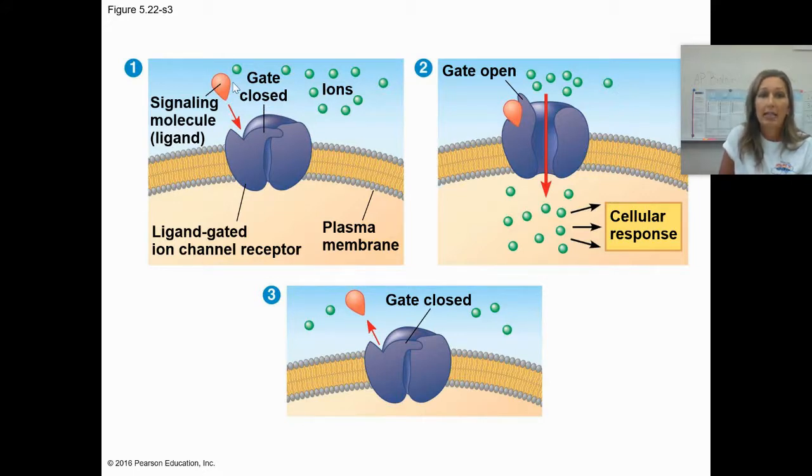A ligand is a signal molecule that gets received by this protein. That opens it up, ions flow in, and that initiates the transduction and cellular response. This is actually what happens at the neuron. If a neurotransmitter is the ligand, it opens up these ion gates in order to allow for that cell response.